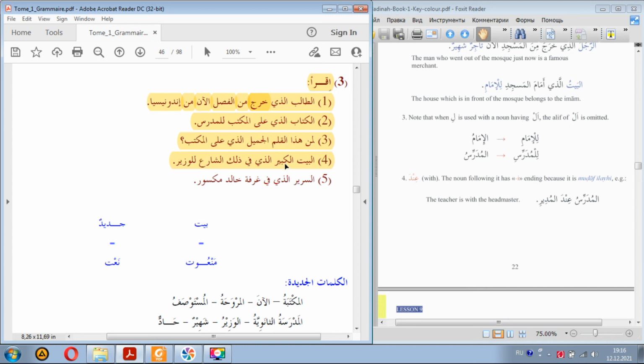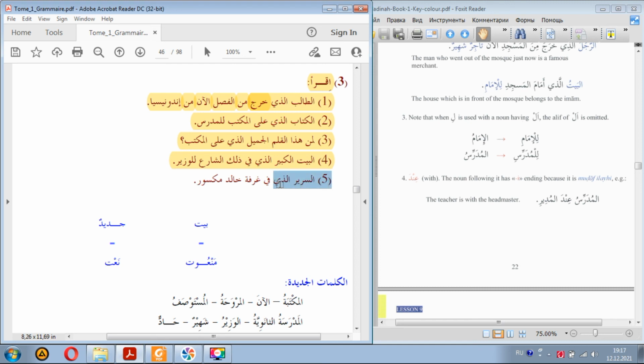The big house, adjective comes first in English, but in Arabic it comes second. The big house which is on that street, شارع, street, للوزير, is for a minister.